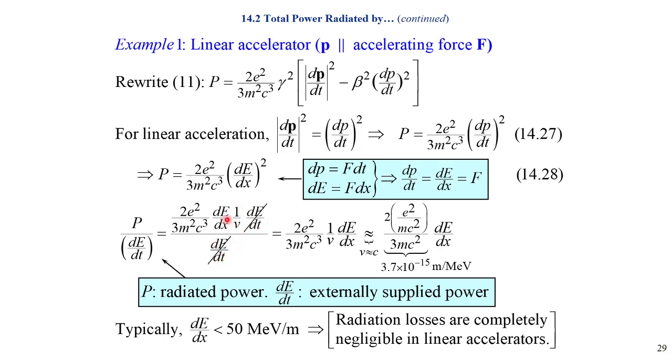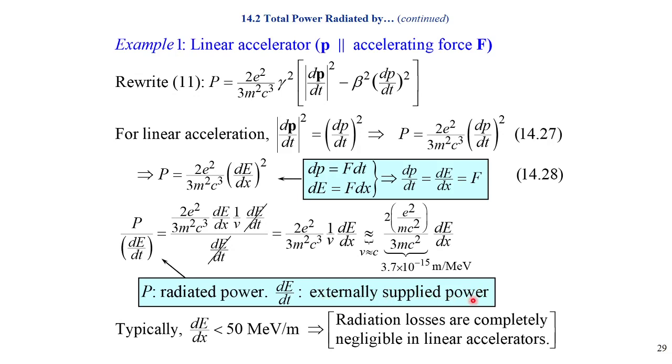So eventually we have dP over the energy change rate. Energy change rate is the energy we give it and the energy radiated. P is the total radiated power. The dE/dt is the externally supplied power, how much energy we provide for this charge per unit time.